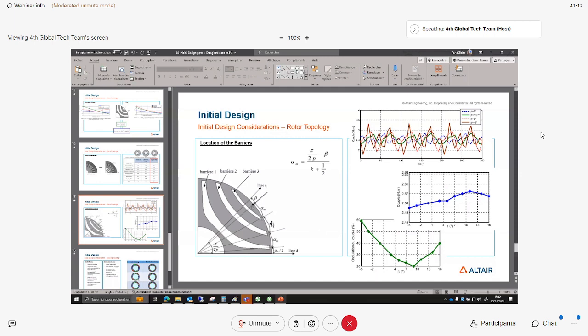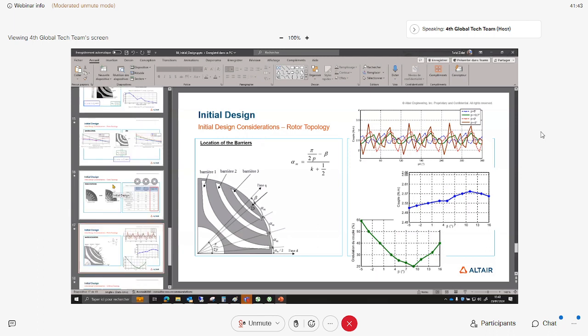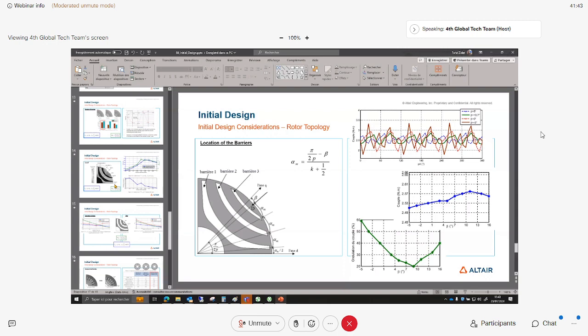So maybe we have to test symmetrical and non-symmetrical configuration to see its impact on the torque as well as the torque ripple. So this is something we have to consider in our simulation or computation.